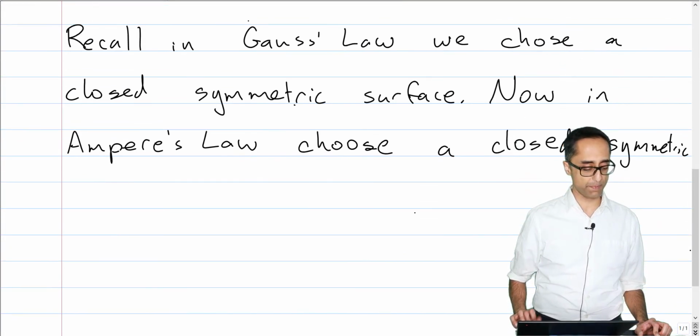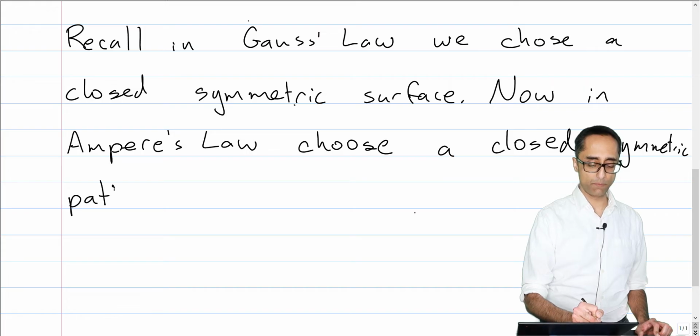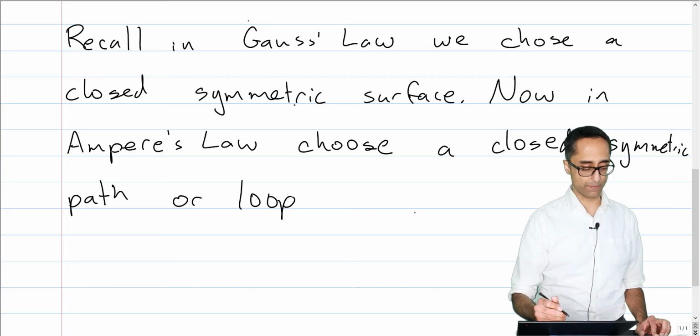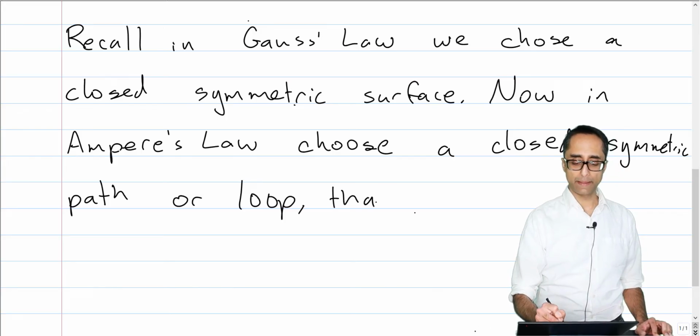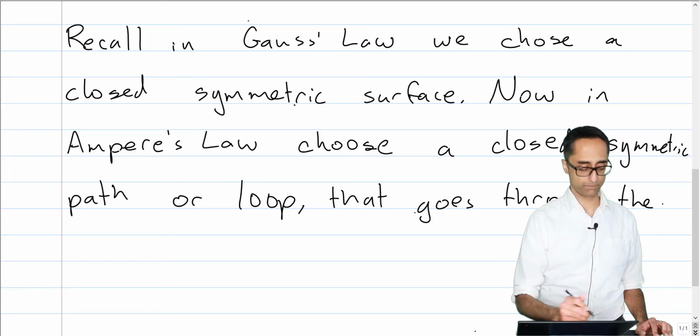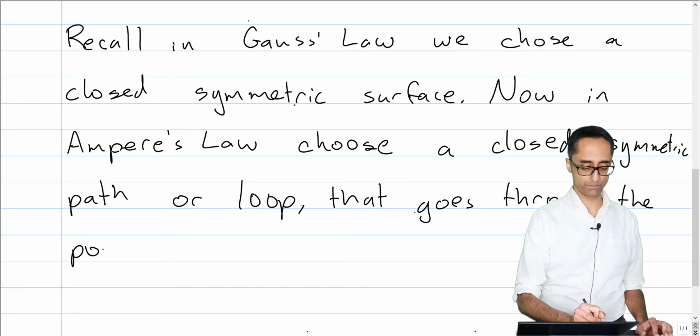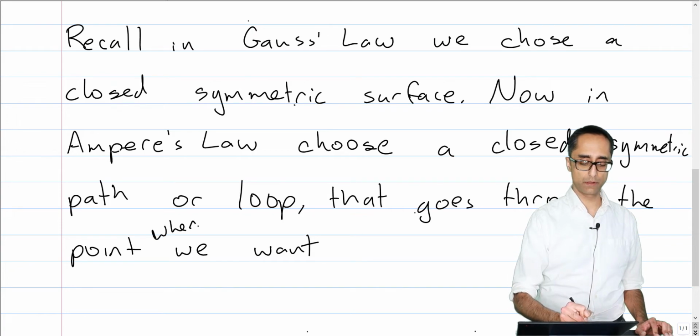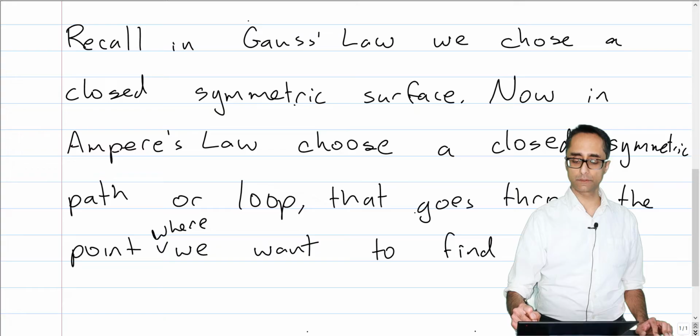And since it's closed, maybe path is not the best word, but rather loop or ring, etc. And remember, it must go through the point where we want to find the magnetic field.